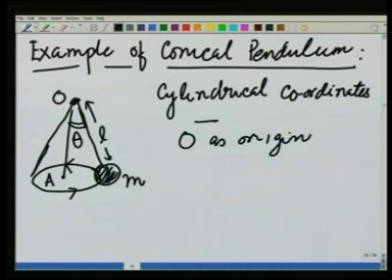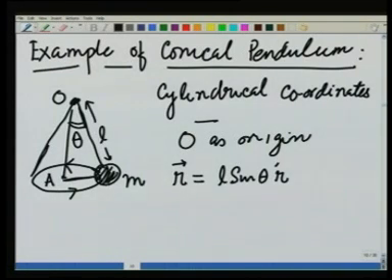In that case, the r vector for the ball is going to be given as L sin theta times r, remember, r unit vector is the radial unit vector in cylindrical polar coordinates, minus L cosine theta z.